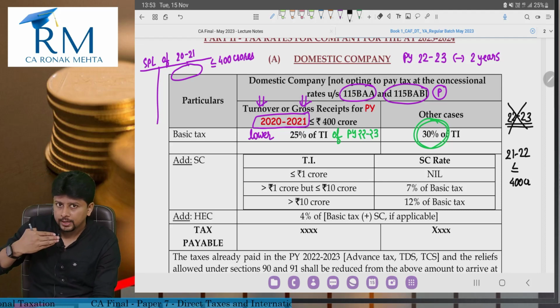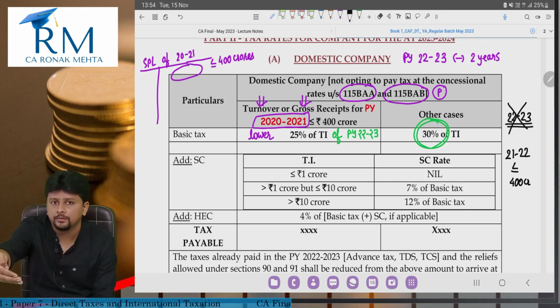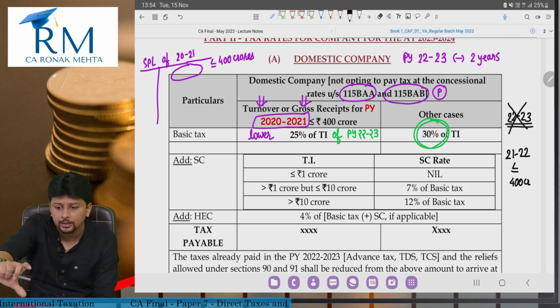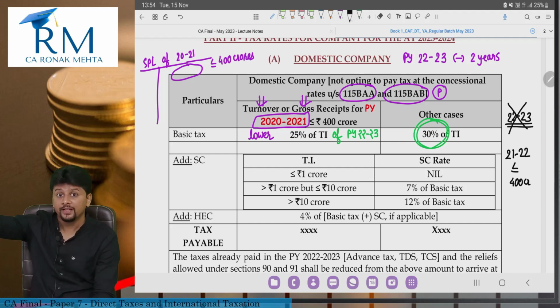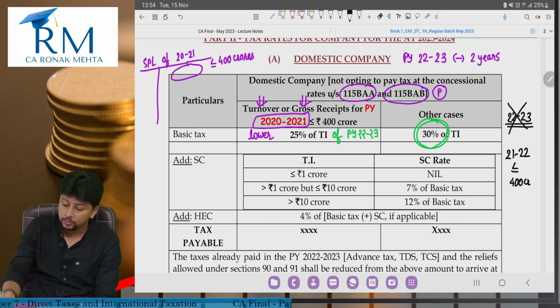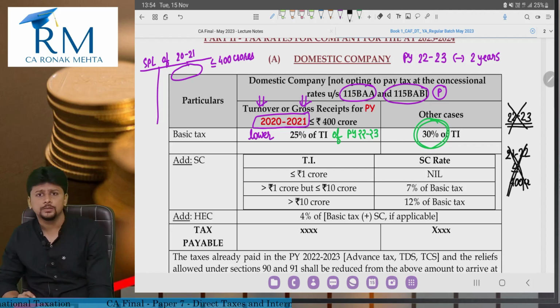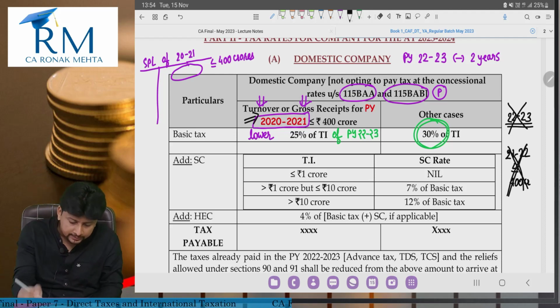Because you've sold the goods in 21-22, but next year when you are finalizing your statutory accounts, when you are doing stat audit, you are already aware at that point of time that tax rate will be 25% in future. So accounting manipulation is still possible here, but it's not possible to manipulate any accounts like this.